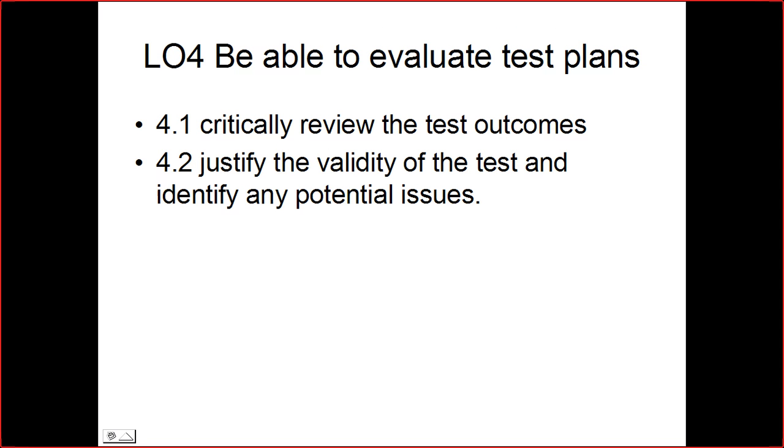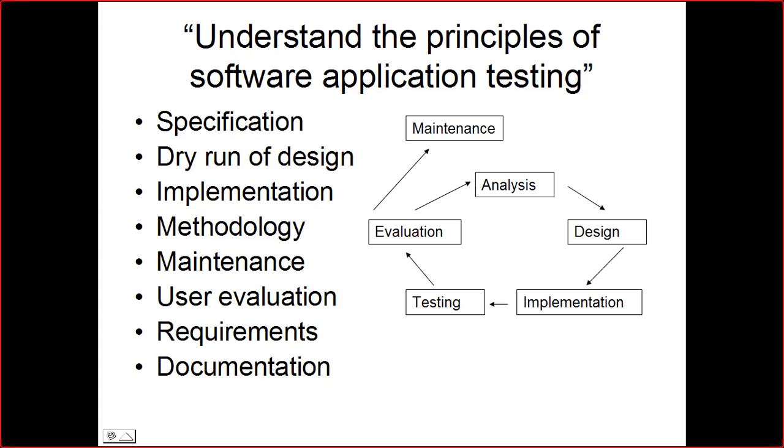You may see on the right hand side of the screen the analysis, design, implementation, testing, evaluation and maintenance, which is the software development lifecycle. Now you've done all this with Adam before, and you've done some with me before as well. The idea is that you have the cycle itself, which just goes round and round.